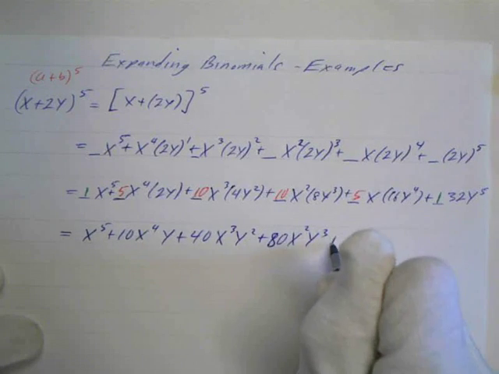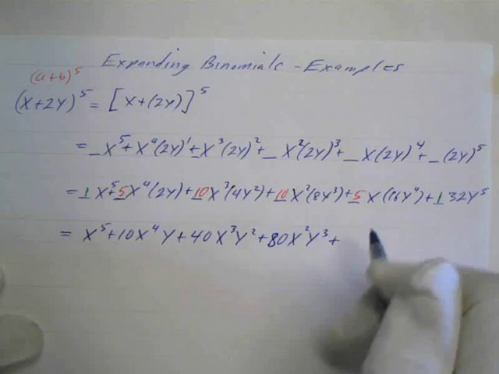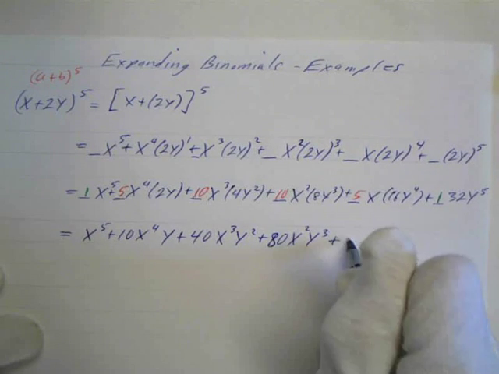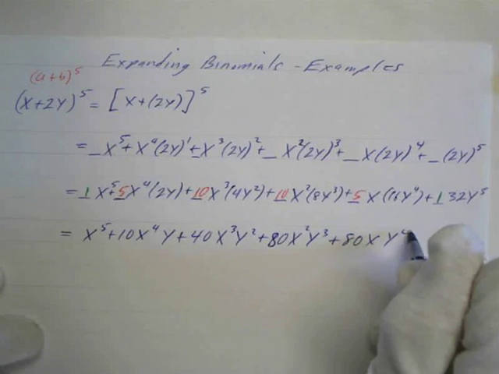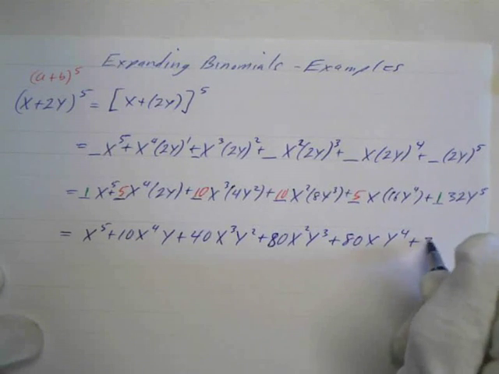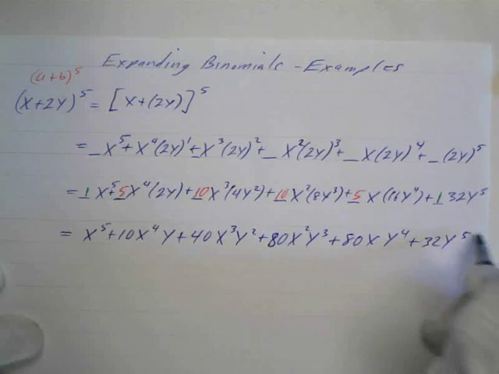And then plus 16 times 5 is also 80, and I got x y to the 4th. And finally plus 32 y to the 5th.